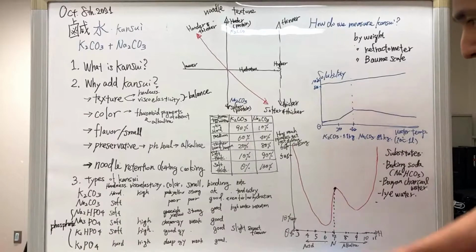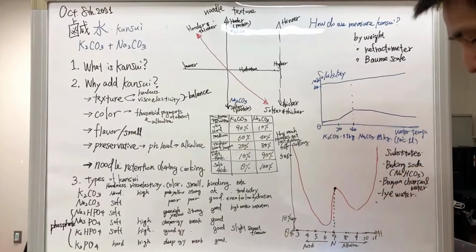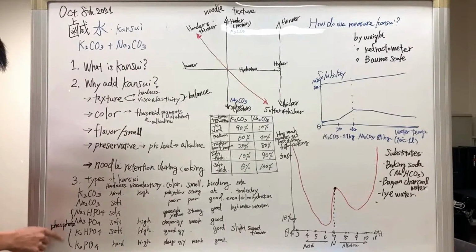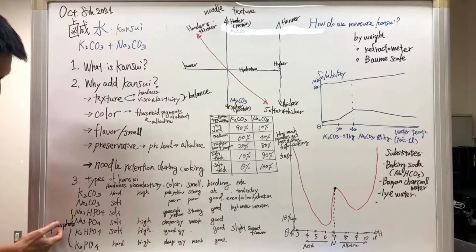And there are many types of Kansui out there. But basically the major ones that we use are potassium carbonate and sodium carbonate. Some of the four types we have in our textbook contain phosphate.